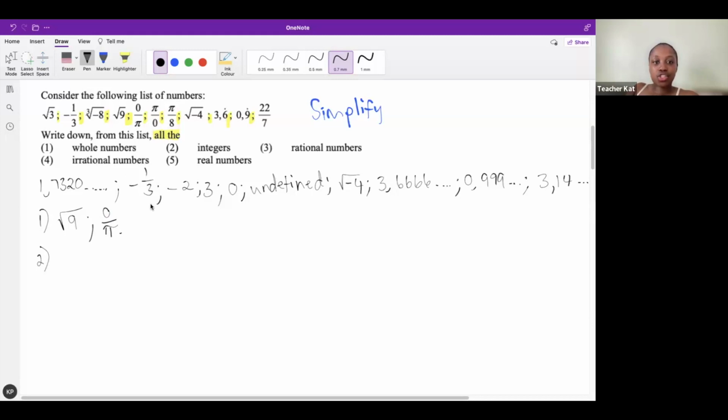Next is integers. Integers is the set of positive and negative numbers, including 0. Do we have any integers in this case? -2. Okay, so this was the cube root of -8. What's another one?